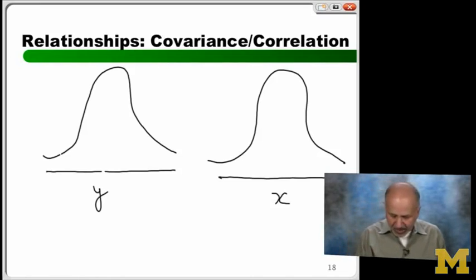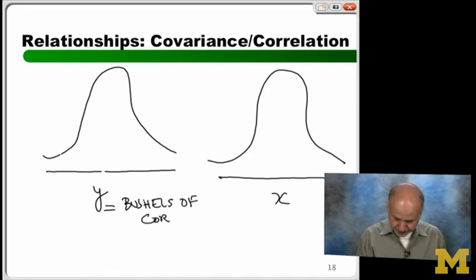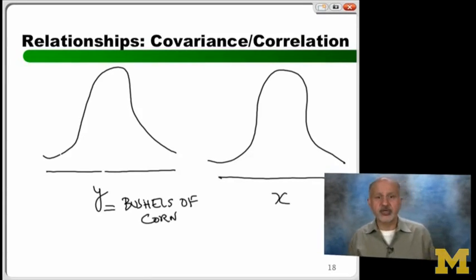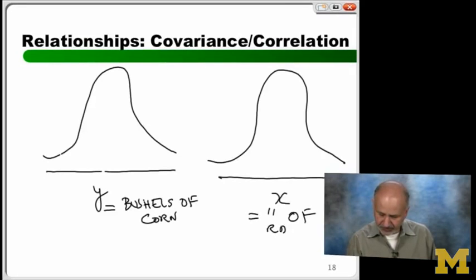So let's make y now bushels of corn. What is bushels of corn? The amount, it's a measurement unit of corn, and let's call this x inches of rainfall.